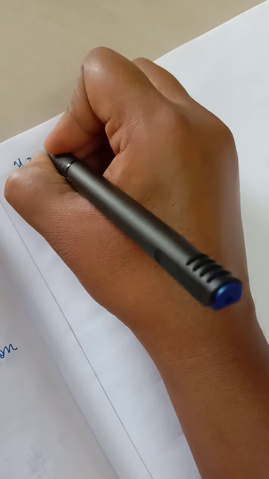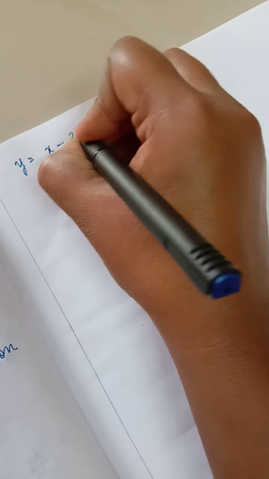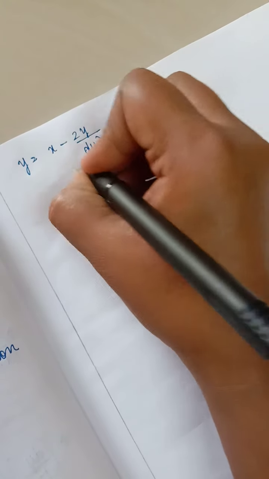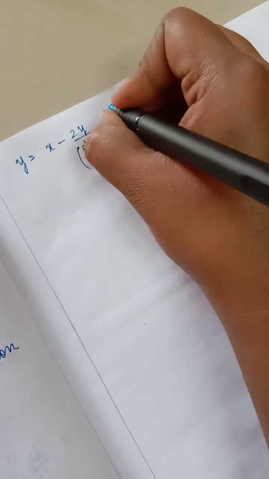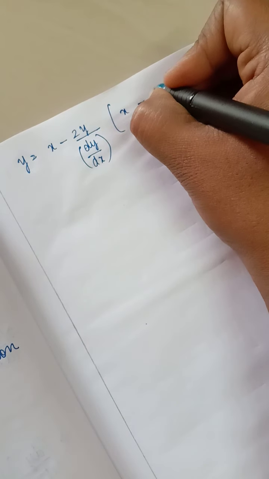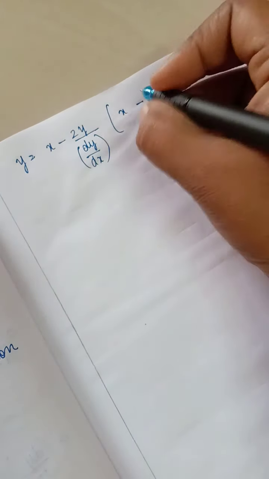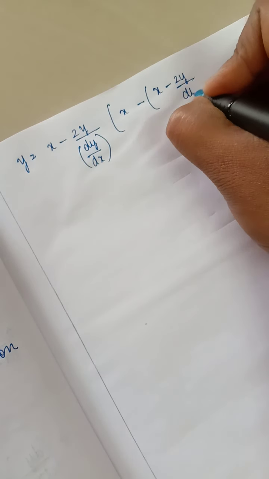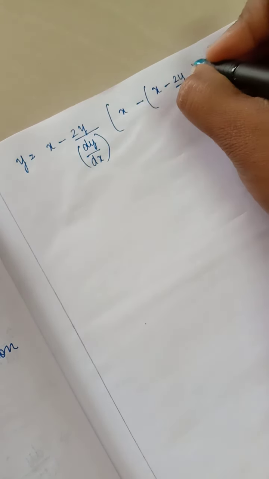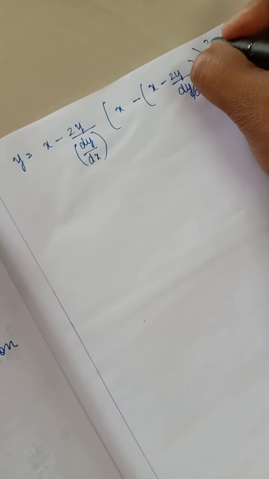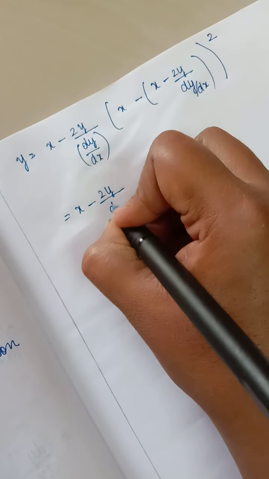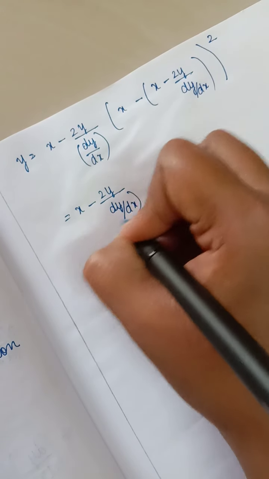So y is equal to, so c equation is x minus 2y by dy by dx. Okay, then x minus, that is the c equation again, x minus 2y by dy by dx, the whole square. So x minus 2y by dy by dx.